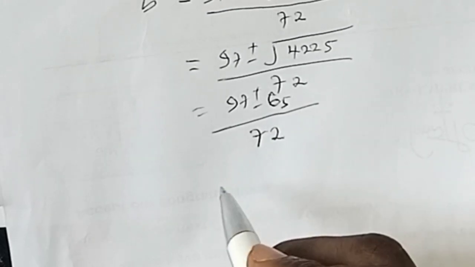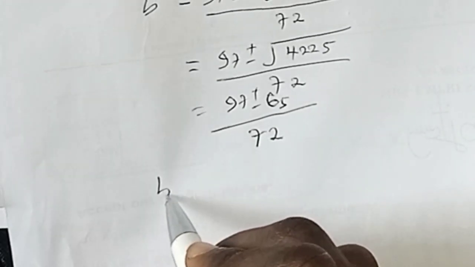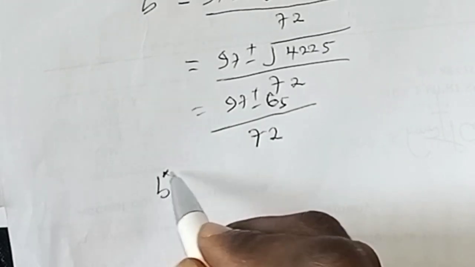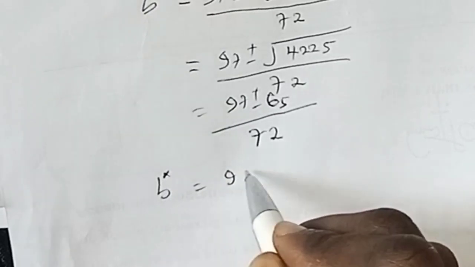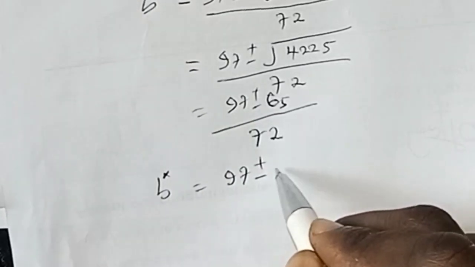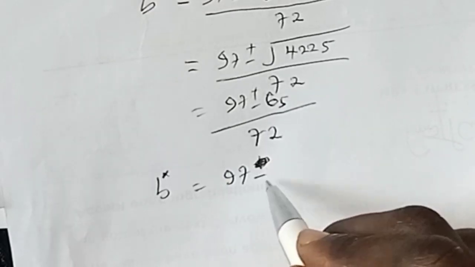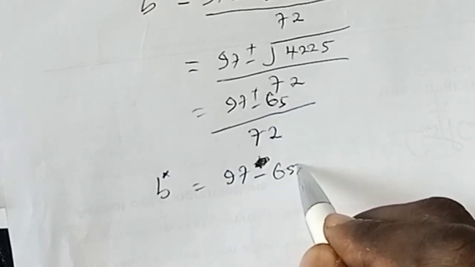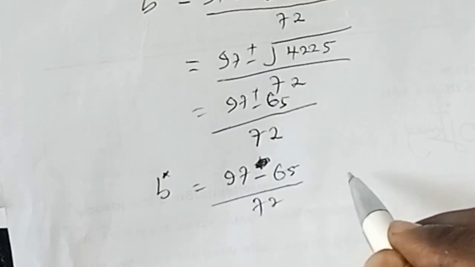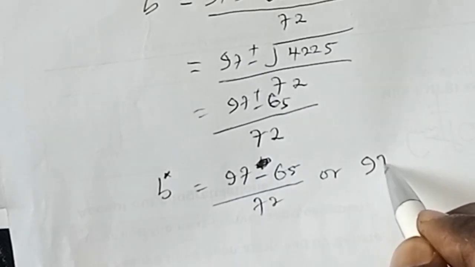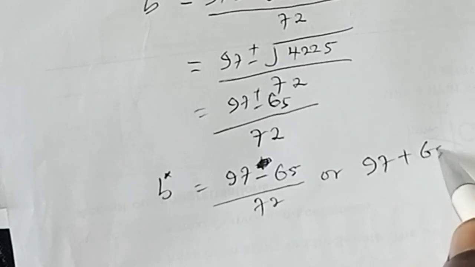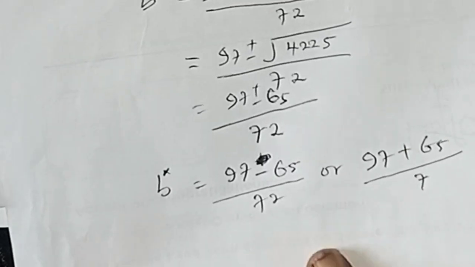Moving further, my b is now equal to 97 minus 65 divided by 72, or 97 plus 65 all divided by 72.